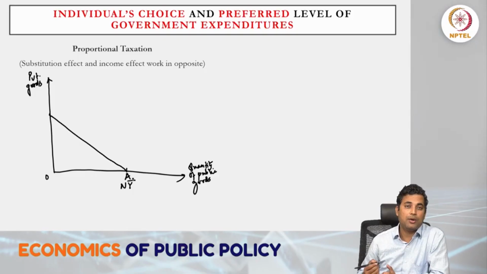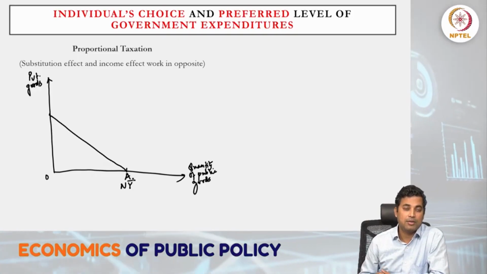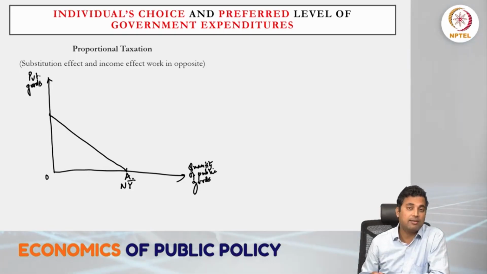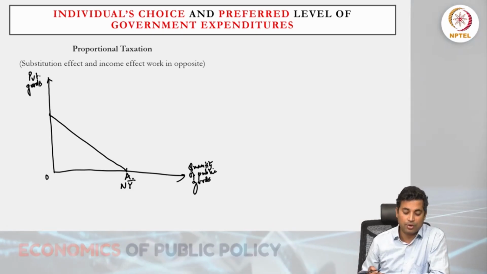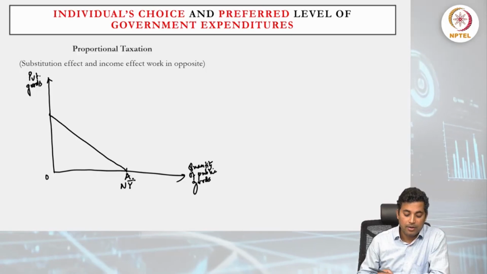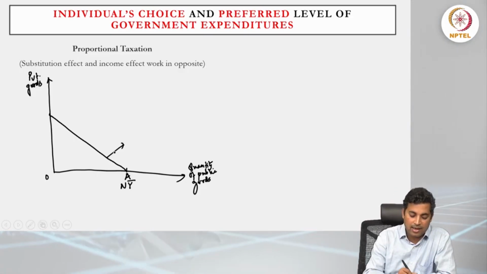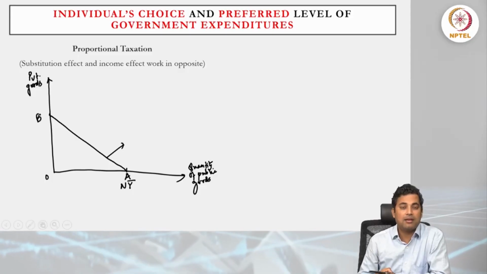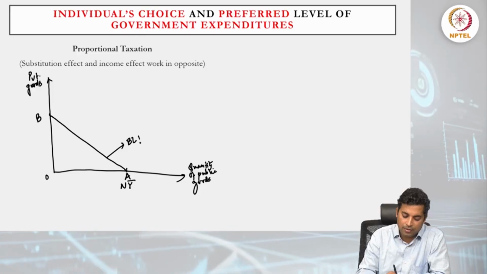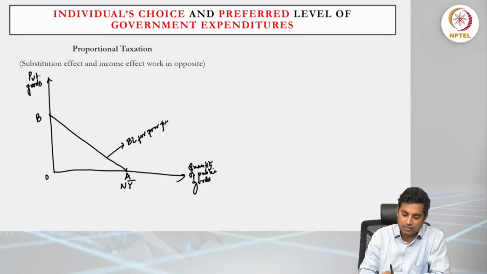So total income that the economy received, say for two individuals, is OA amount, which is Y bar, the total income. So this budget line, say AB, is a budget line for the poor person.